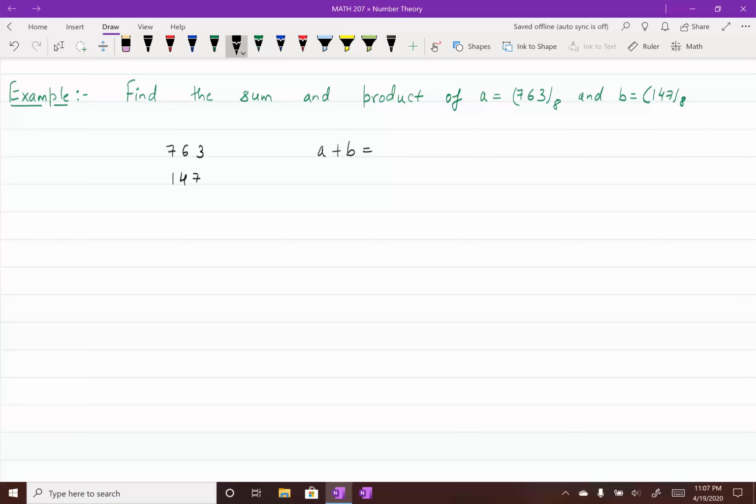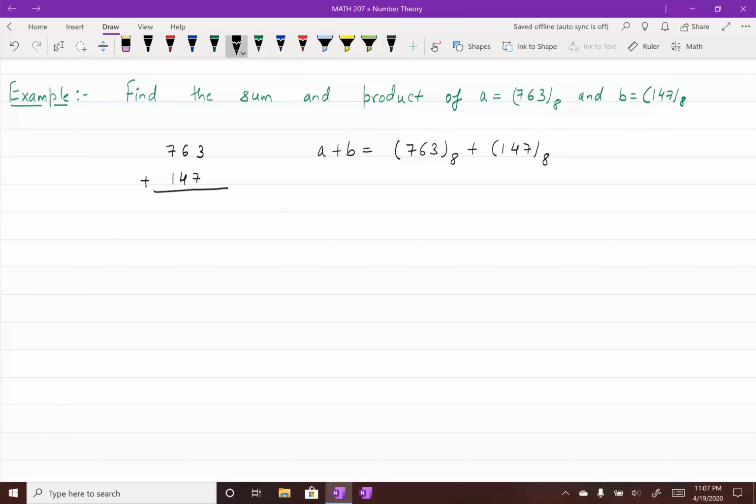That means you are interested in finding the sum of 763 with the base 8 plus 147 with the base 8. So the way we are going to add these two, we take 763 and add it with 147 with respect to the base b equal to 8.